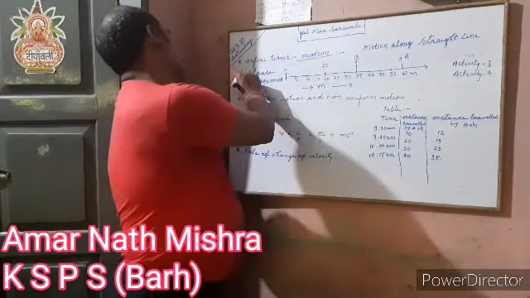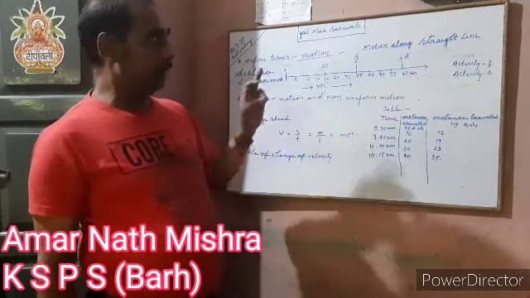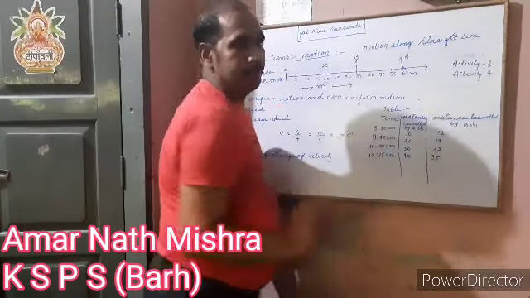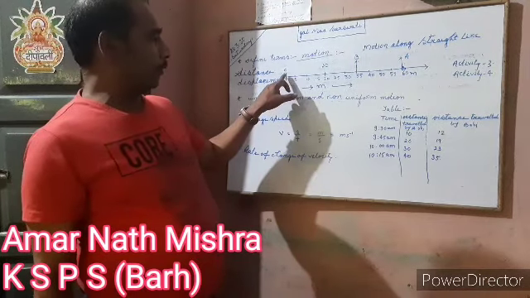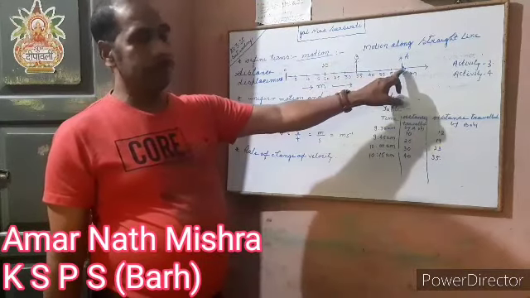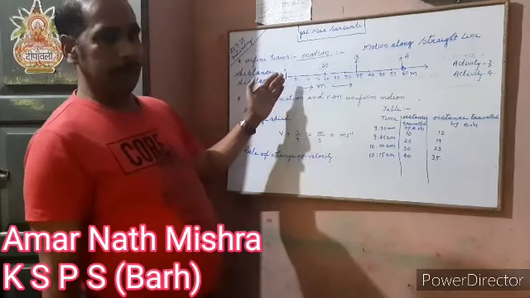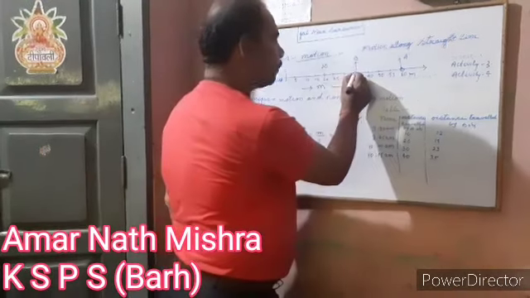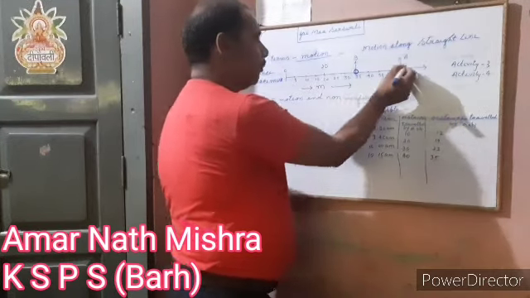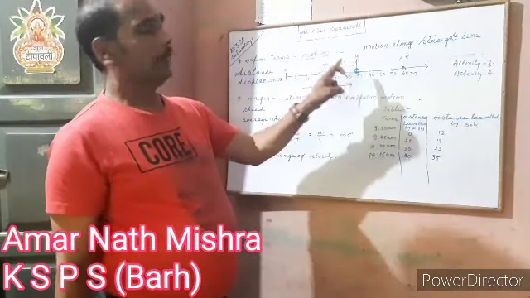This is the defined term, distance. And what is the defined term displacement? Consider the initial position and final position. The shortest distance between them is called displacement. And when we come back this side, our displacement is less than the distance covered.